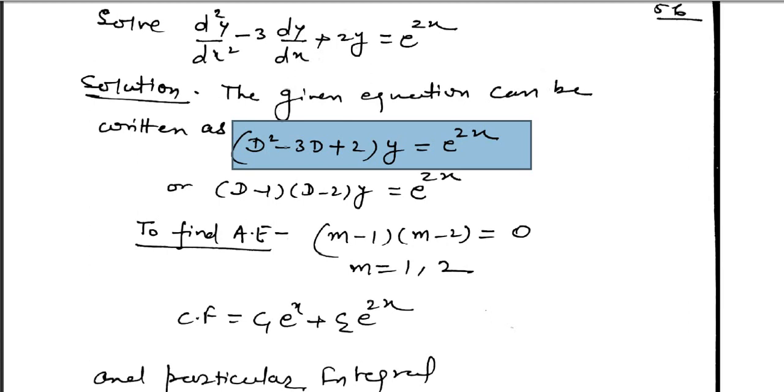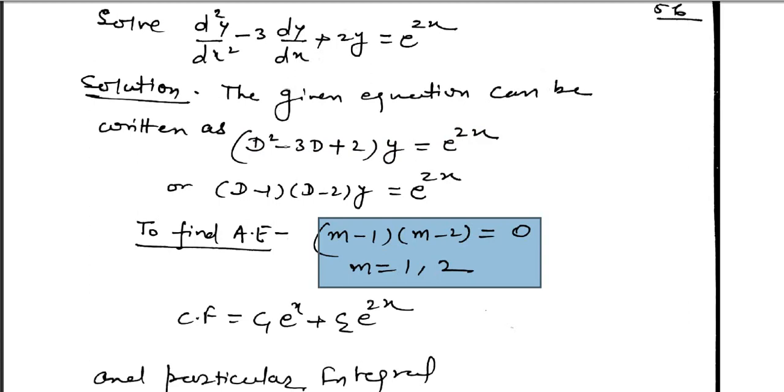You know that to find the auxiliary equation we just replace D by m, and this product term is (m minus 1)(m minus 2) equal to 0. So from here m is equal to 1, 2. So CF is equal to C1 e to the power x plus C2 e to the power 2x.